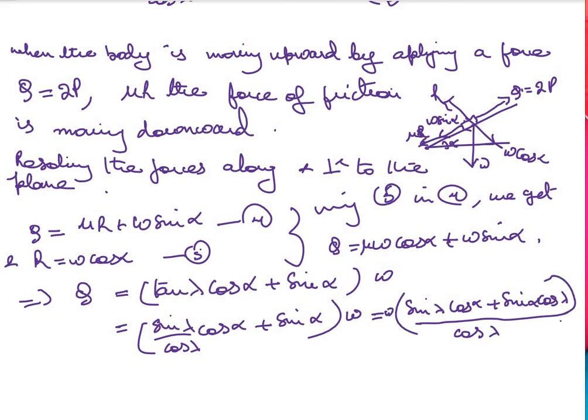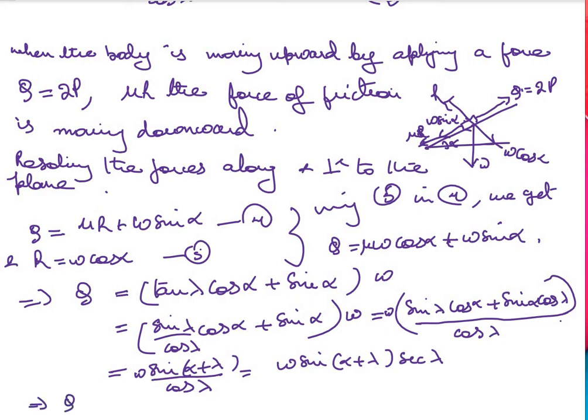So sin A plus B, this is sin of alpha plus lambda divided by cos lambda, which is same as W sin of alpha plus lambda into secant lambda. So this implies that Q here will be equal to W sin of alpha plus lambda into secant lambda.